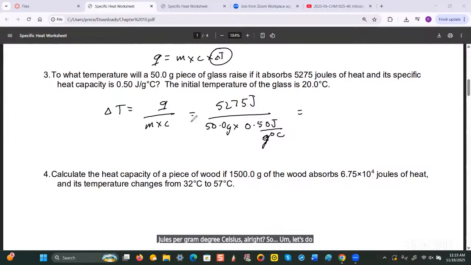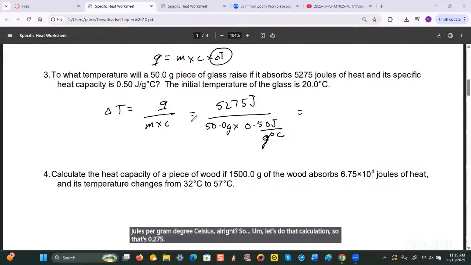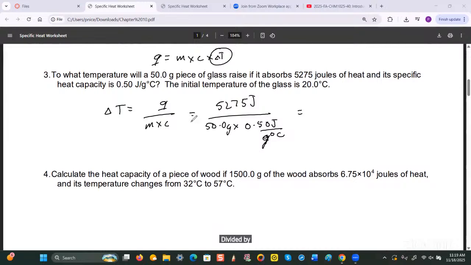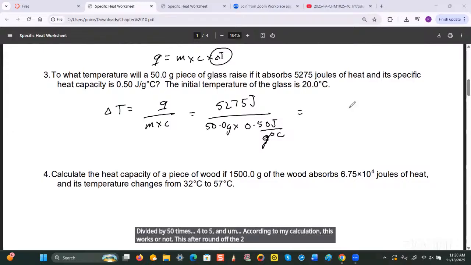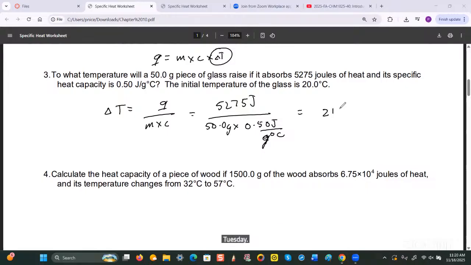So that's 5,275 divided by 50 times 0.5. And according to my calculation, this I have to round off to 2 sig figs. So that would be, 2 sig figs, that would be 210 degrees. No, wait a minute. I did.